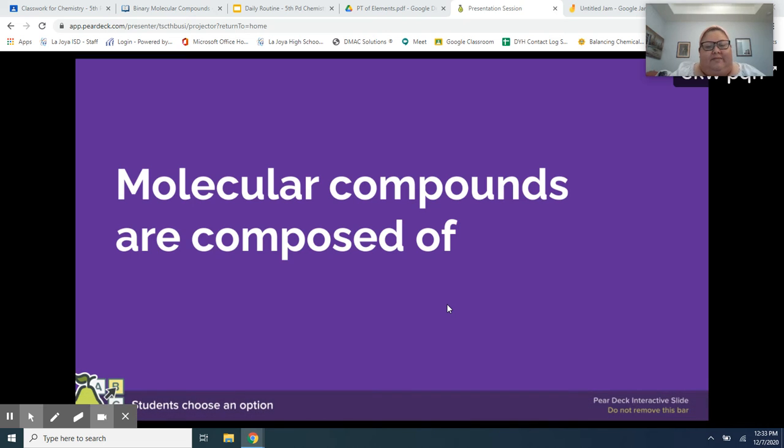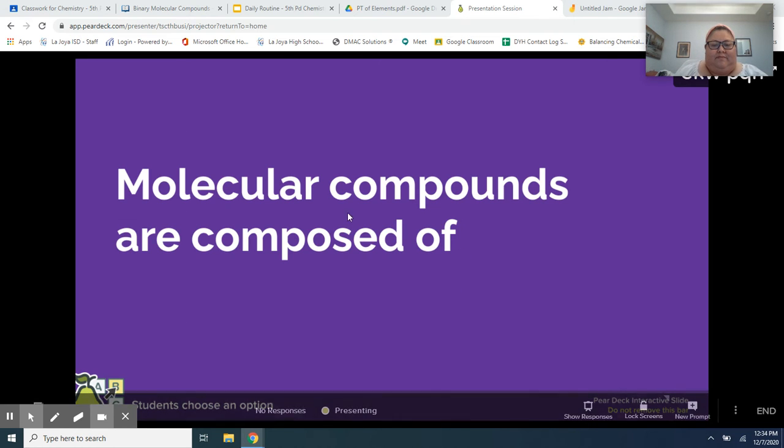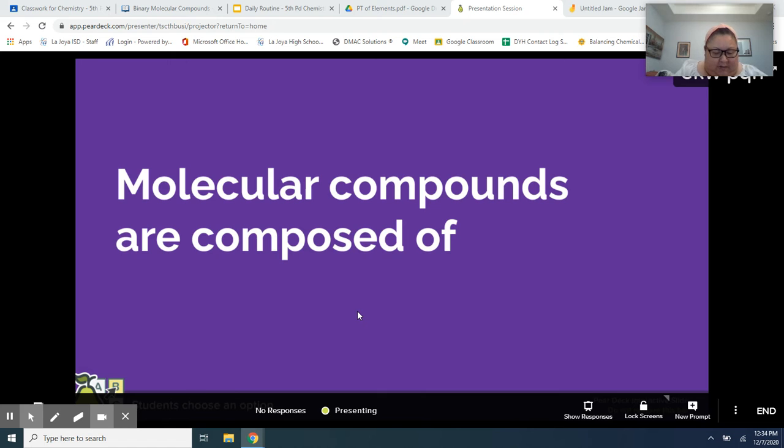What would be the correct answer for this one? What are molecular compounds composed of? What is it? No responses. Oscar, what about you? Alexia? Mario, what do you think?